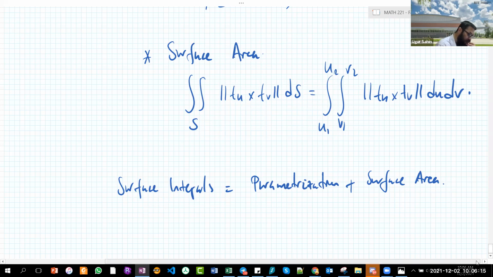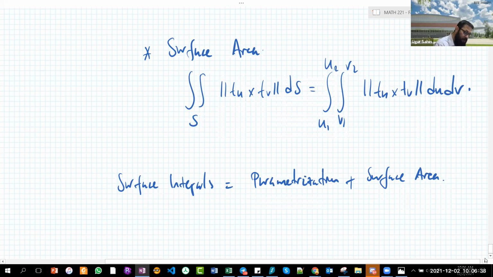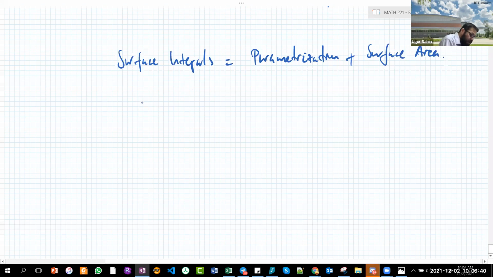We learned how to use the parameterization for any given curve, and we also found the length of the curves using a different formula, and then we combined them to get line integrals. We are following the same path. We are using the parameterization and finding the surface area, but the problem will turn into something like this. Let me explain what I will do.